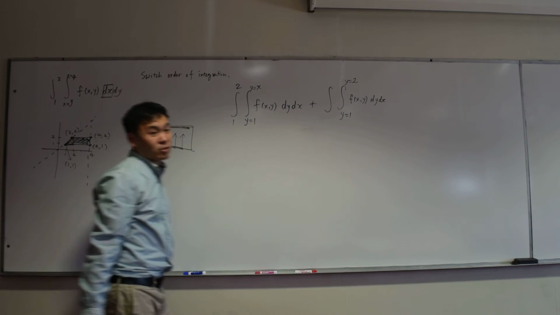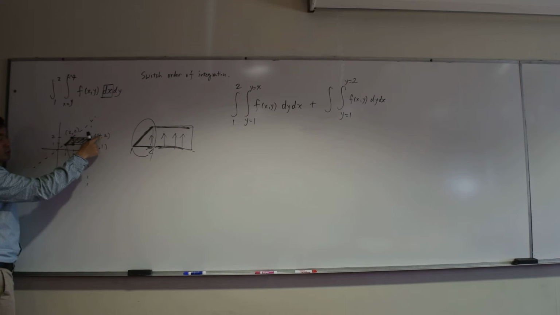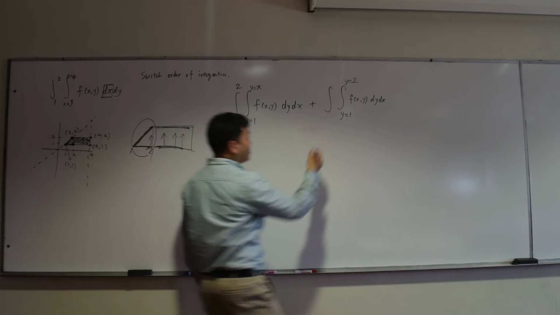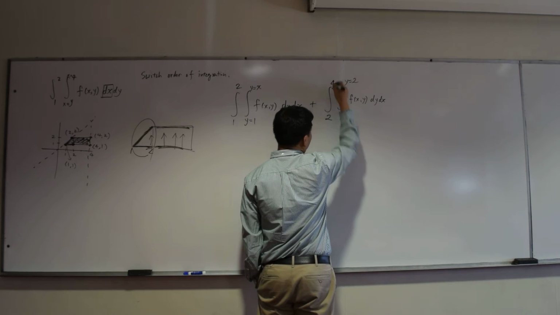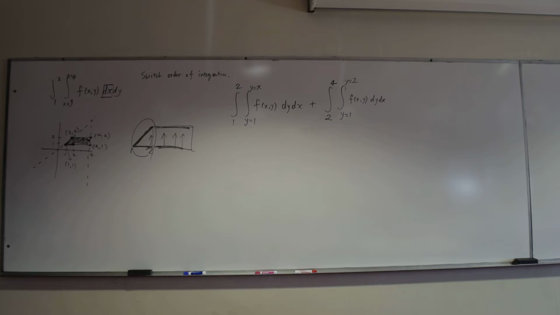And then your x values go from where to where? 2 until? See, your x value starts from 2 and it ends at 4, right? So you know that you should write 2 and 4 there. Okay? And therefore, you can write it as dy dx, and you see that it requires you to write 2 integrals.